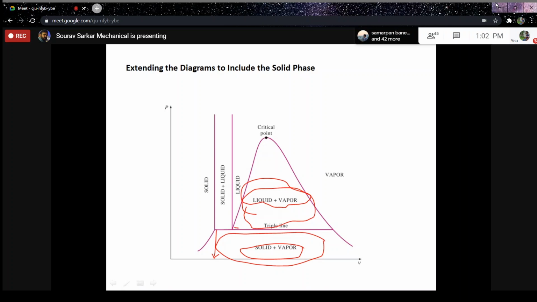It is said that along this line, the liquid, the solid, and the vapor can coexist simultaneously. So it is telling you a condition where, suppose this is a container, and over that container you placed one solid metal.